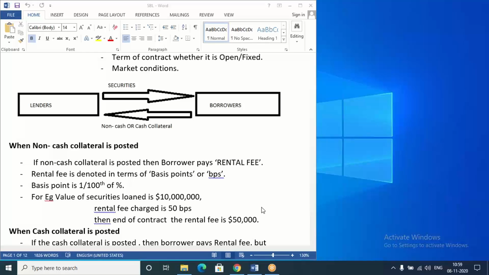Now, if cash collateral is posted by the borrower, meaning instead of giving any type of securities as collateral, the borrower gives cash, what are the major types of currencies that can be posted as cash collateral?